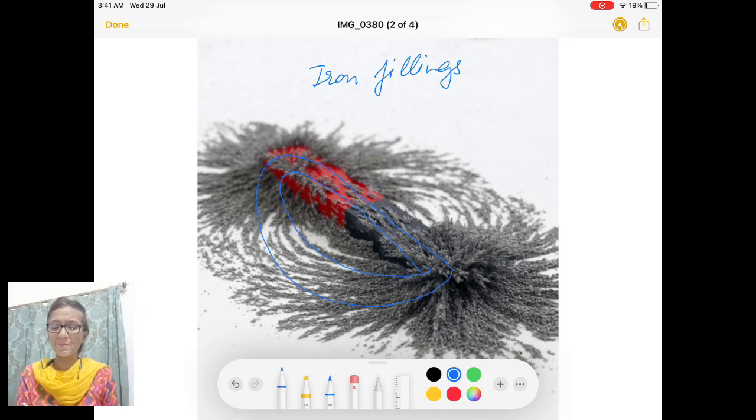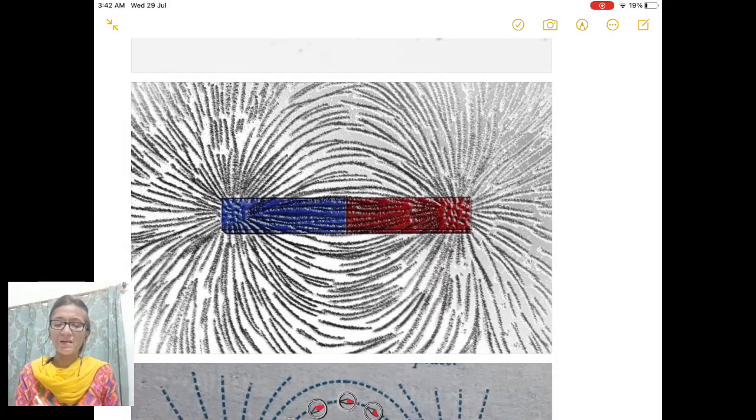You can see it is forming circular, closed continuous loops. These continuous lines are called magnetic field lines.